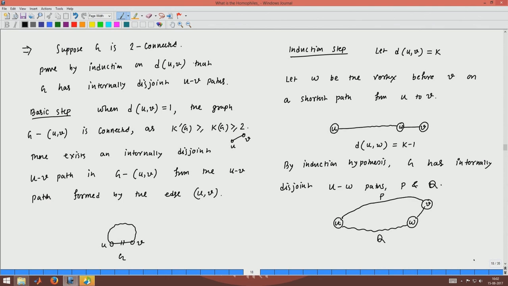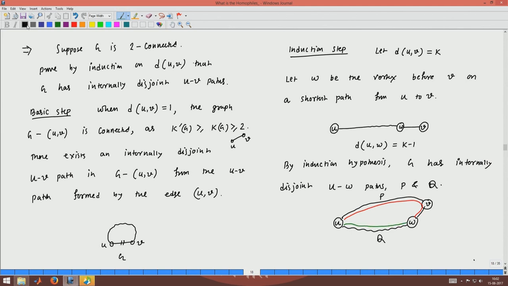The path P is this path from u to w, and path Q is this path.